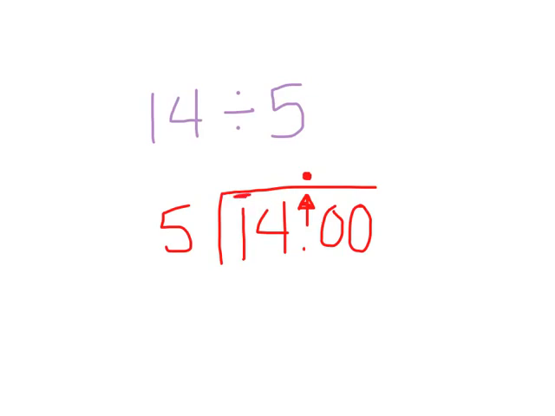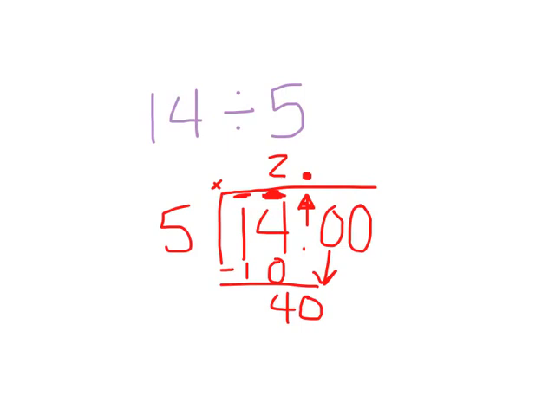Am I going to start in the tens place, in the ones place, or in the tenths place? I'm going to start in the ones place. How many times does 5 go into 14? 5 goes into 14 twice. 2 times 5 is 10. Subtract, and I get 4.